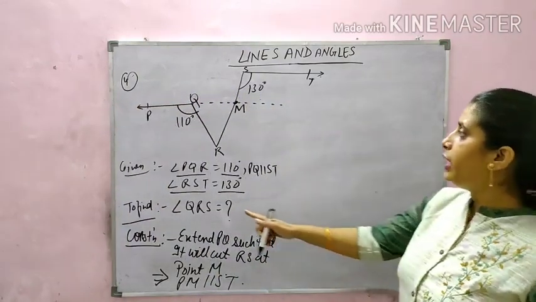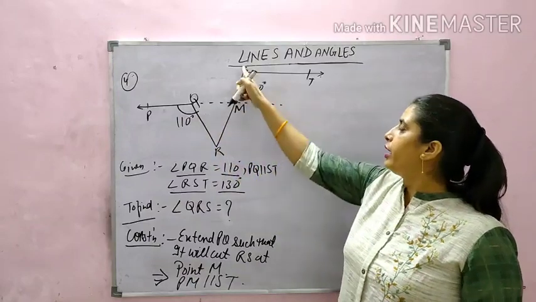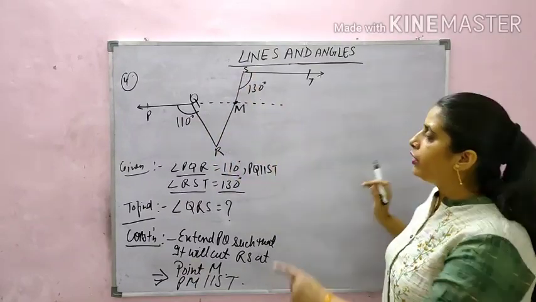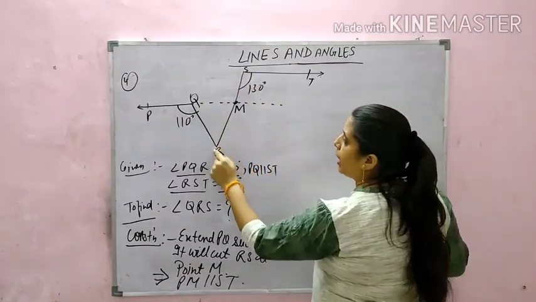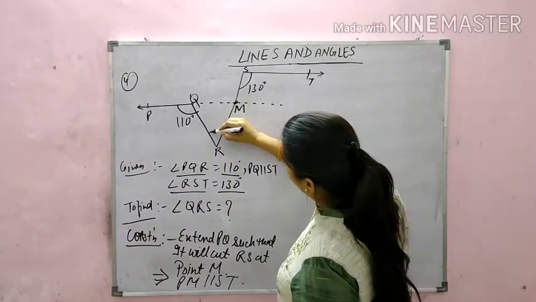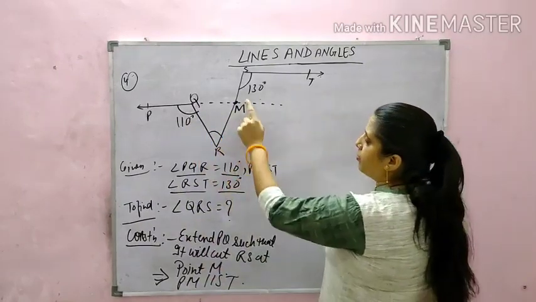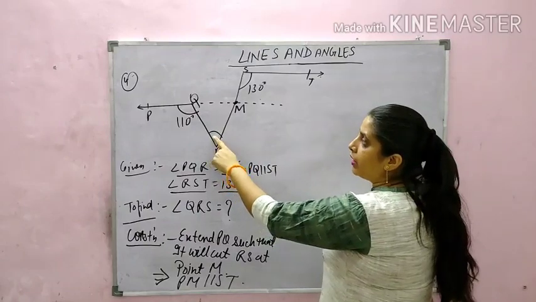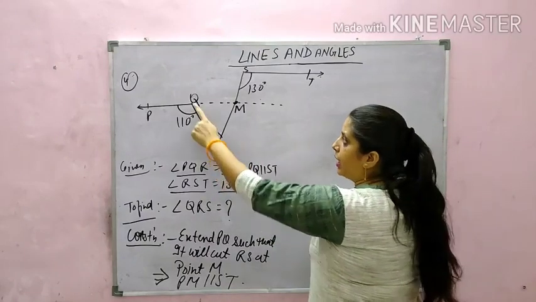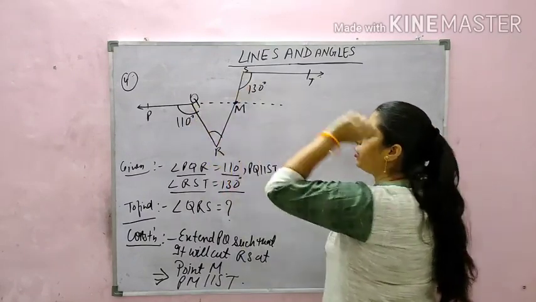Now we will do the solution for this. We have to find the angle QRS, or if we find the angle QRM in triangle QRM, then we can call it QRS also.